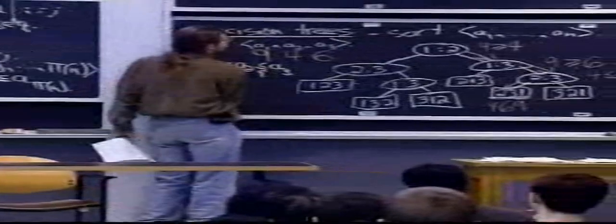Now, how do we use decision trees? I said a decision tree is like an algorithm. And in fact, the converse holds. An algorithm is like a decision tree. Okay, if you think for a moment. So we can use decision trees.